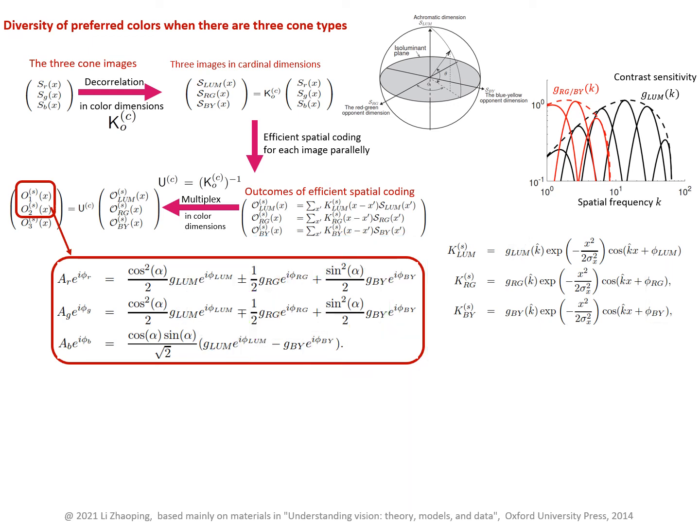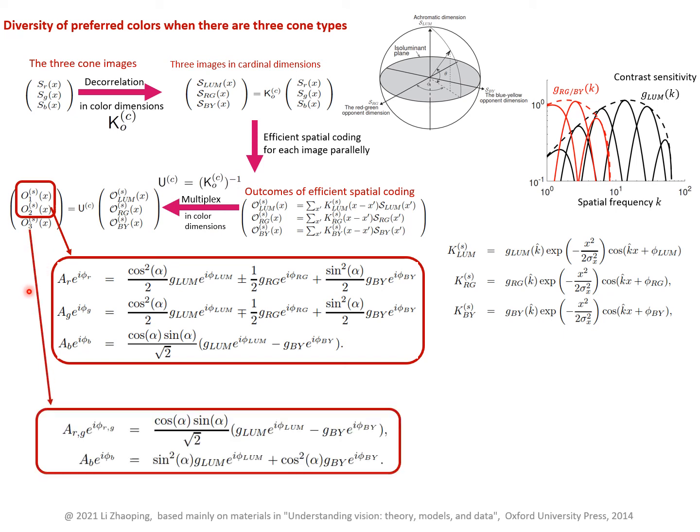We can also look at the third output neuron, O3. After we work it out, this will be the outcome. It has the same selectivity to the red and green cone inputs. So this will be the amplitude and phi will be the phase for red and green inputs. This will be for the yellow inputs, because red and green have the same selectivity.